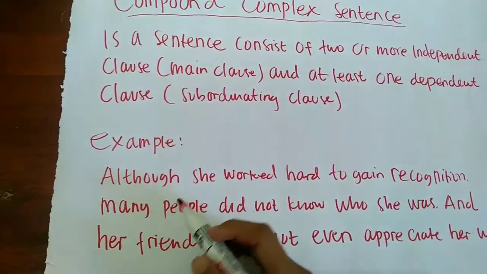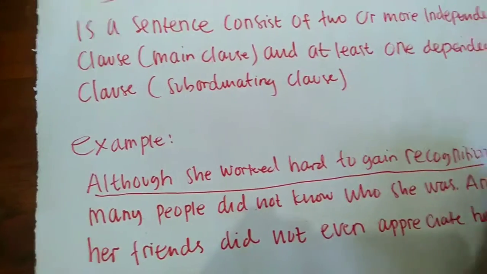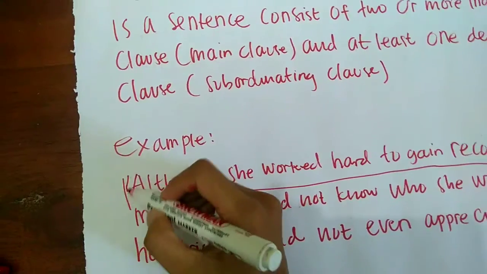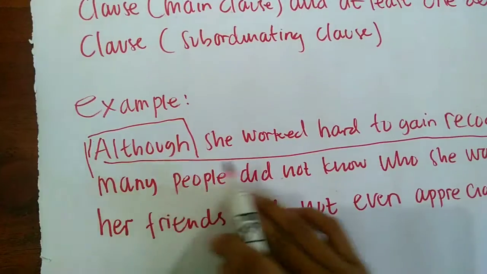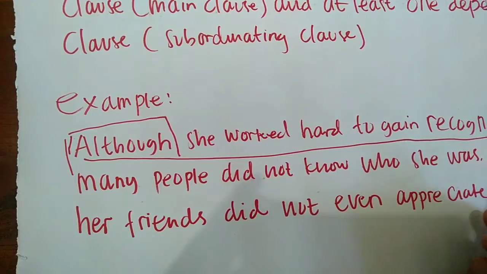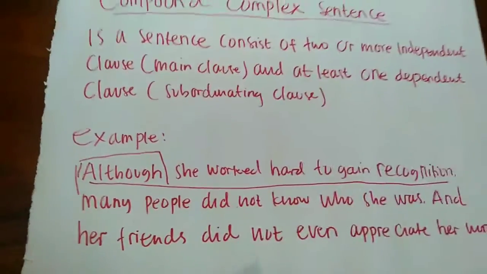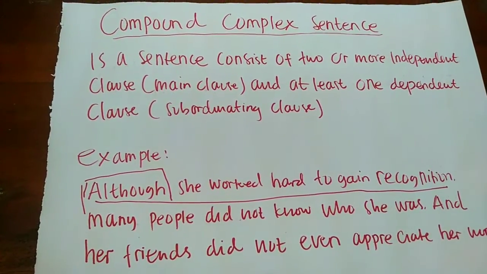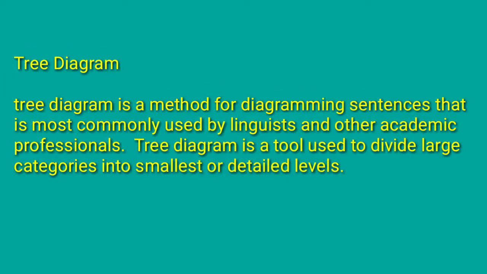Although she worked hard to gain recognition is a dependent clause because there is the subordinating conjunction although, and many people did not know who she was, and her friends did not even appreciate her work, are independent clauses. So that is my explanation about the sentence.